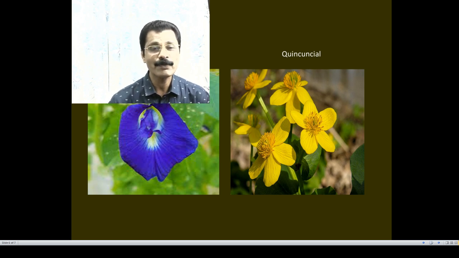Such a type of estivation is called quincuncial estivation. You can observe it in the case of Ranunculus plant. There you can see five sepals or five petals, two completely inside, two completely outside, and one in and out position.